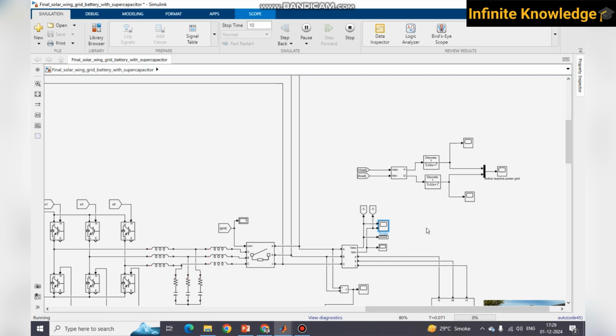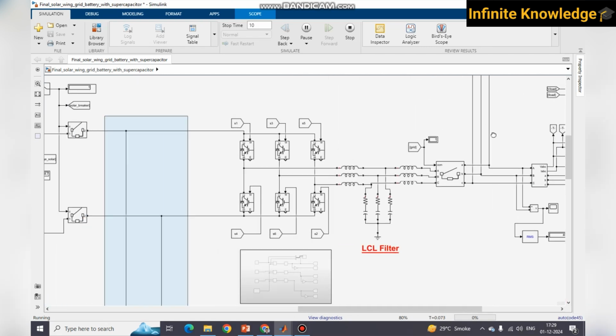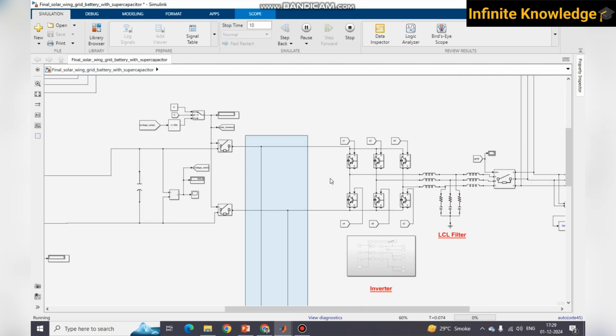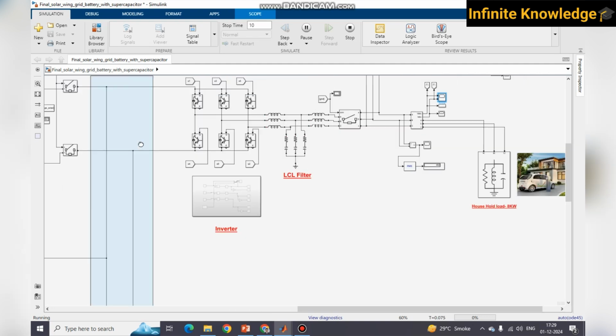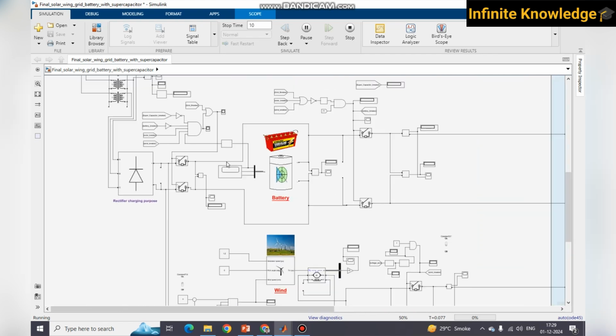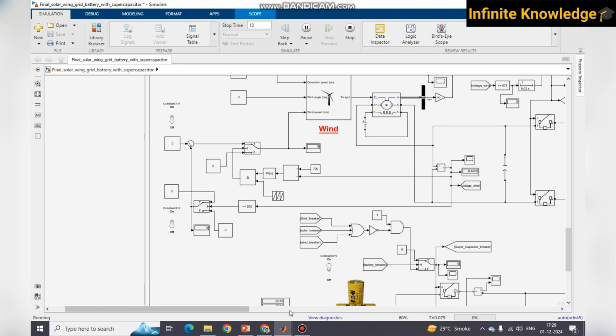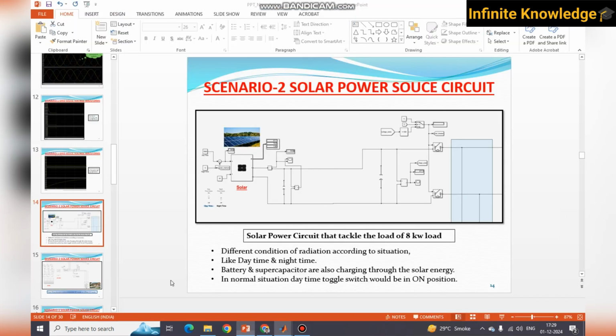So yes, this is how your solar is supplying the total load, feeding power to the total load, and wind is isolated, and the battery is also charging. Supercapacitor is also charging, and this scenario is similar to the previous. Okay, so yes, this is how the simulation is working.